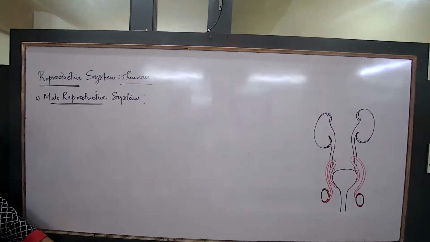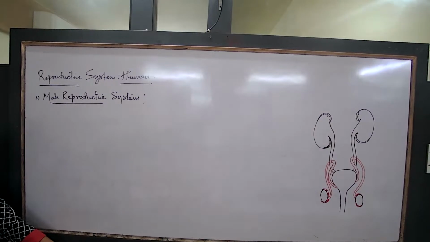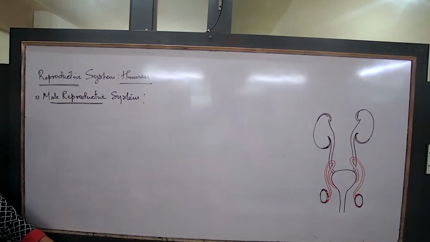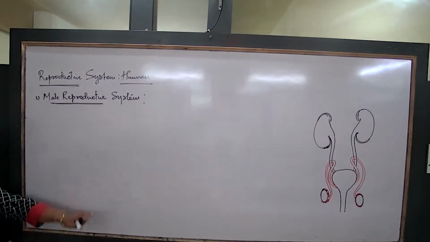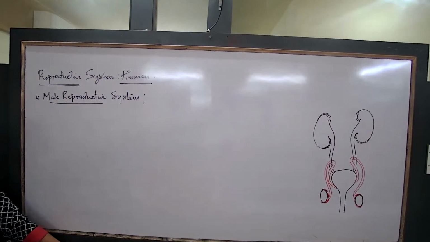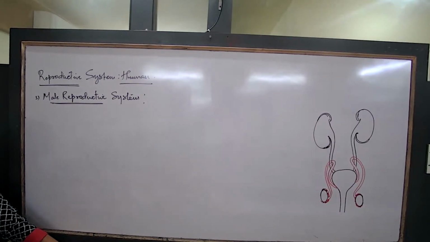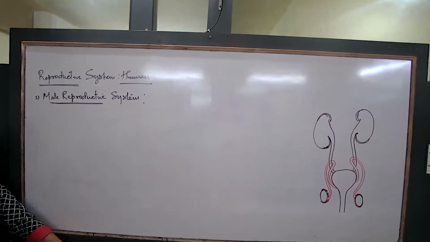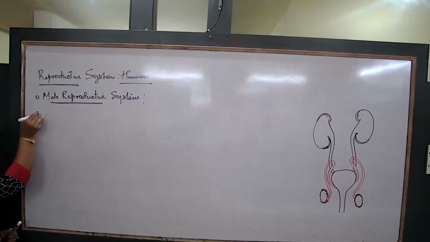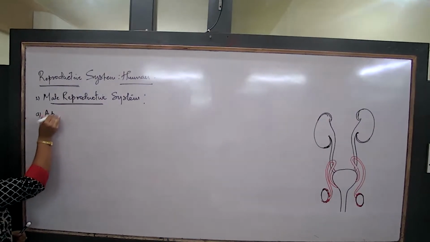So later, once we are done with this, I will ask you to draw the male. Female is easier and that's more important. Very common comes in the exam. For the female system, we will draw. So right now, we will refer to the male system only in diagram and labeling the parts. What are the parts of the male system? Let us learn. The first is a pair of testes.